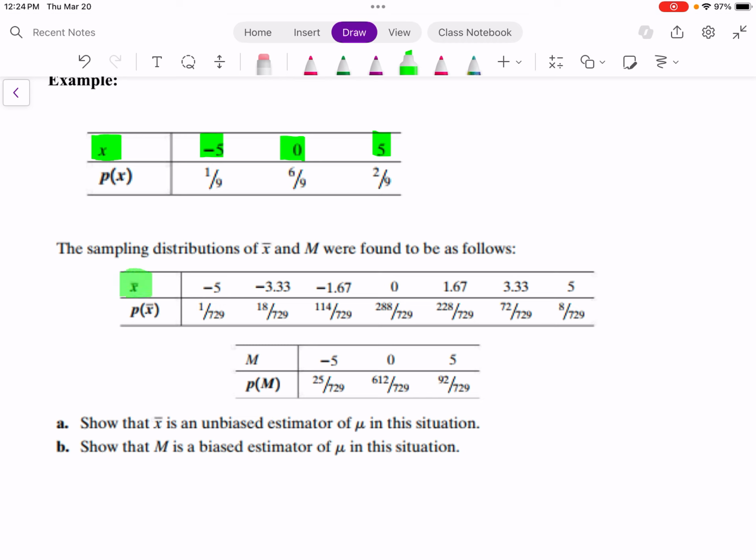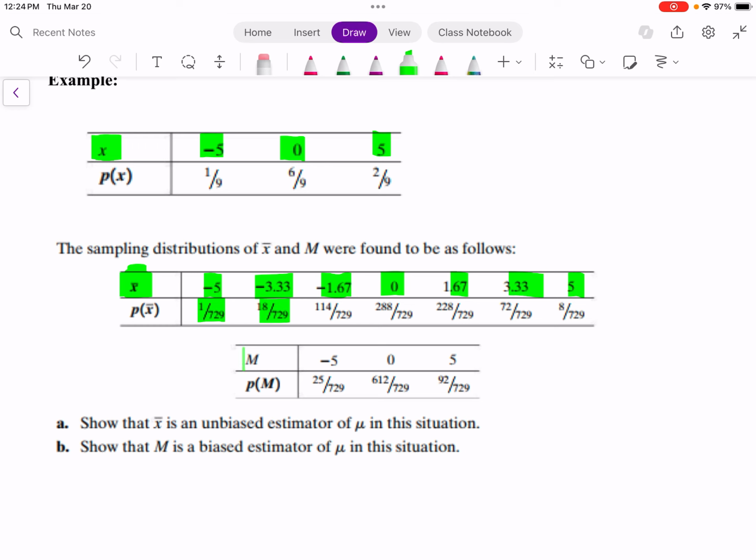Our variable is x bar, and x bar is a statistic. These are the numbers that our statistic takes, and we have their probabilities. What do we call this table? This table is a sampling distribution. The first table is a probability distribution for a discrete random variable. The second table is the sampling distribution of x bar.